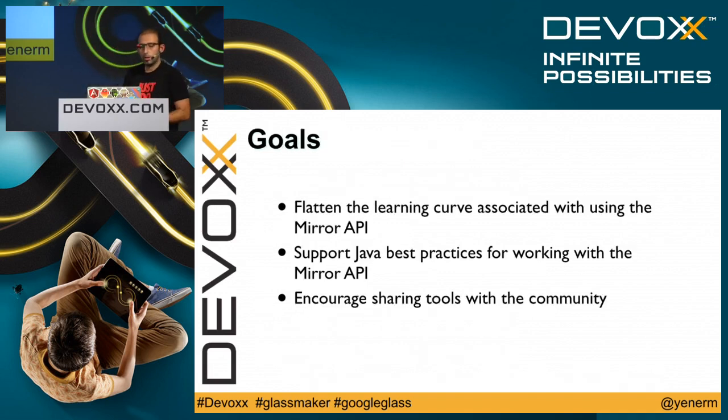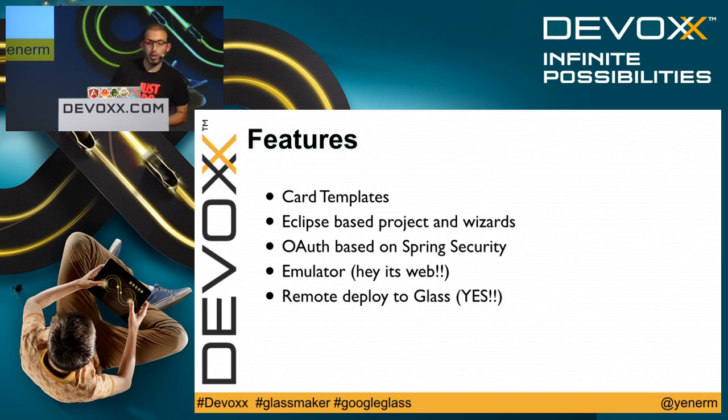So the goals of Glassmaker are to flatten the learning curve of the Mirror API and support Java best practices. And also, we try to encourage people to share tools and contribute, building on and making the tools better. So what features do we have currently? We have almost all the card templates which Glass has.